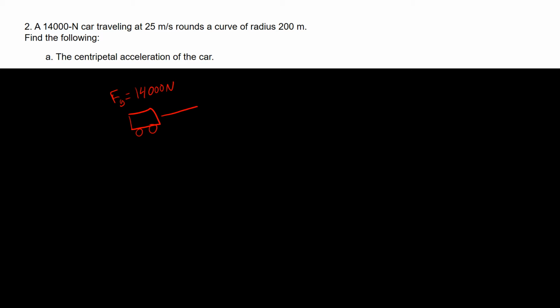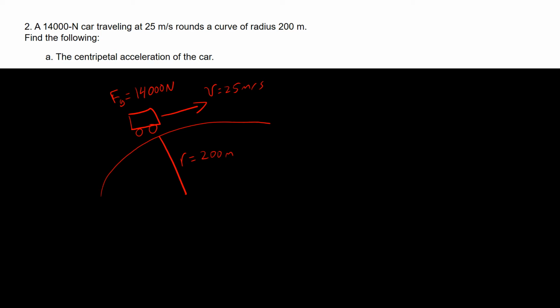And the car is traveling with a velocity of 25 meters per second. And then the radius of this turn, well, that's not the best picture in the world, but the radius is 200 meters.